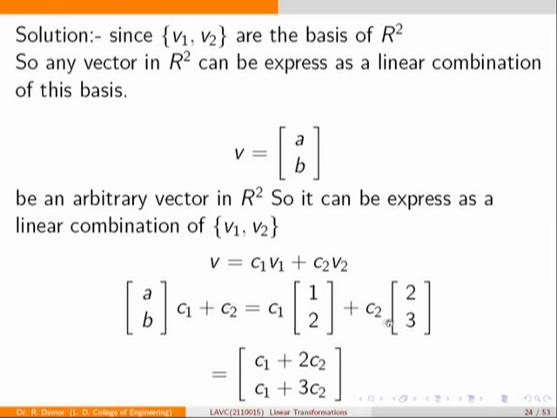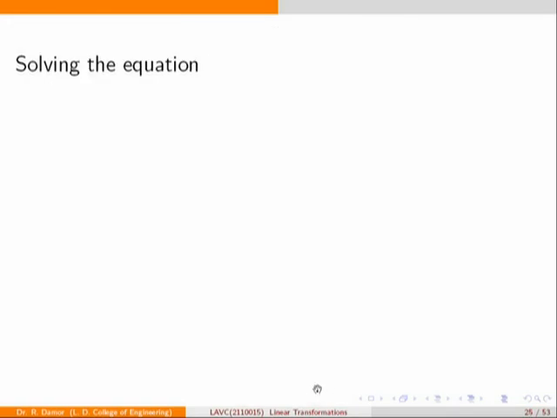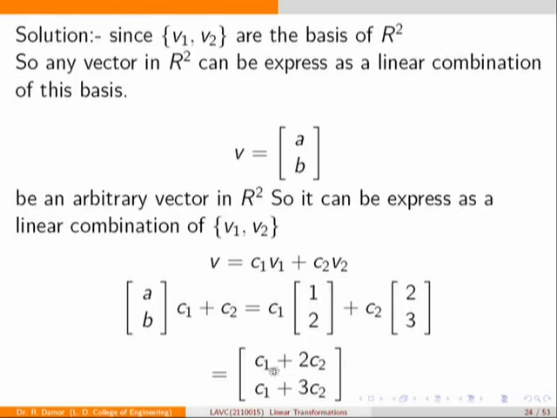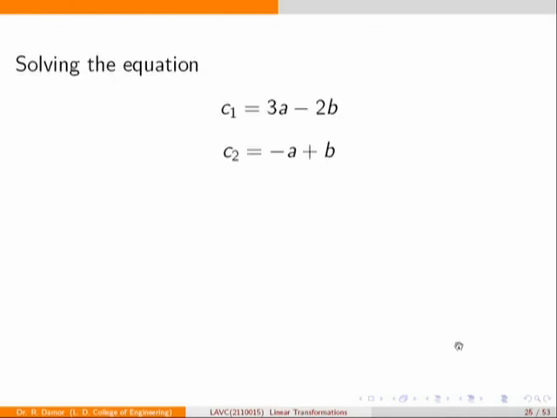Okay. So what is your equation? (C1 plus 2C2, 2C1 plus 3C2). So this is equal to (a, b). C1 plus 2C2 equal to a is the first equation, and 2C1 plus 3C2 equal to b, comparing the coordinates, first with first and second with second. To solve these equations, C1 plus 2C2 equal to a and 2C1 plus 3C2 equal to b, we find the solution: C1 equal to 3a minus 2b and C2 equal to minus a plus b.